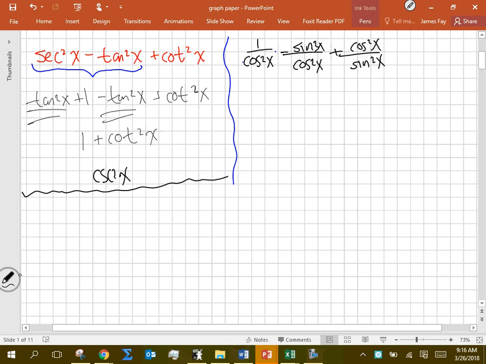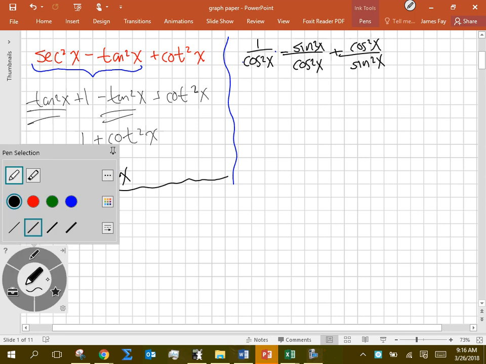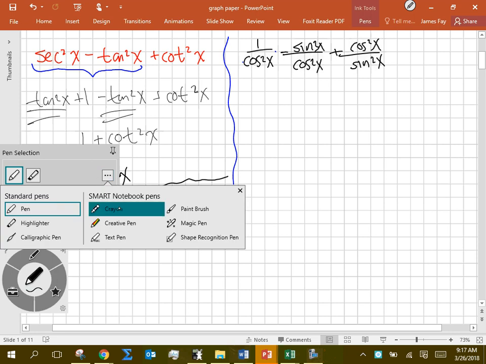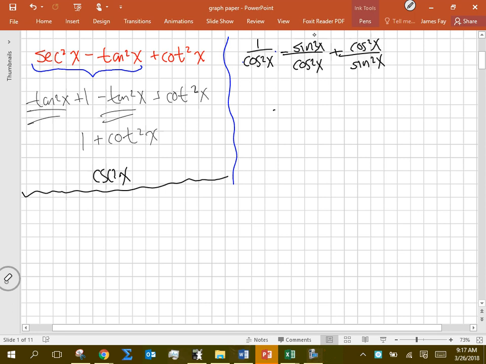Okay. Now, when we're doing that, when we do that, the same exact substitutions are going to occur. You just aren't going to see them in their current format.